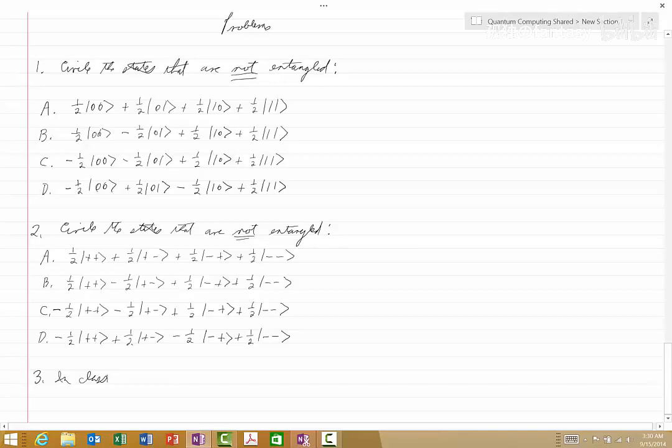In C, we have minus 1/2 plus plus, minus 1/2 plus minus, plus 1/2 minus plus, plus 1/2 minus minus. And finally in D, minus 1/2 plus plus, plus 1/2 plus minus, minus 1/2 minus plus, plus 1/2 minus minus.